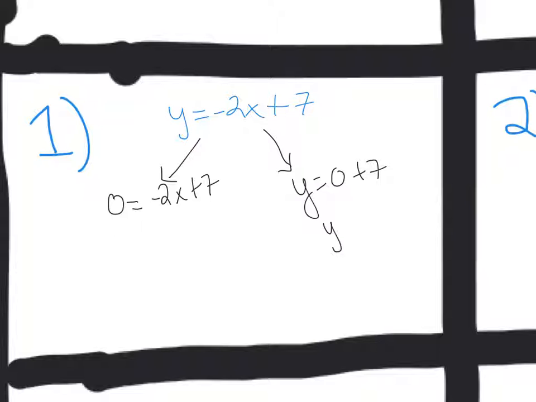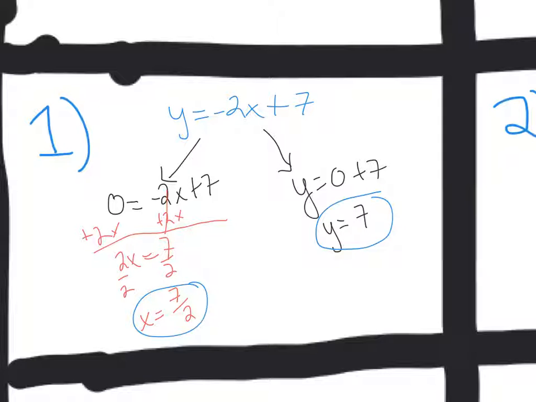So here I've got the intercept of y equals 7. And then this one I'm going to have to do a little bit more work. I got to add 2x over to the other side. Cross that out. Get 2x equals 7, divide by 2, and x equals 7 over 2. So those are my two intercepts, x equals 7 over 2 and y equals 7.